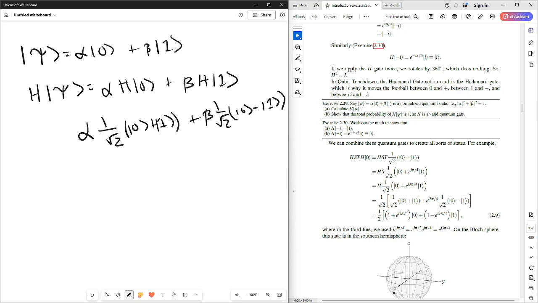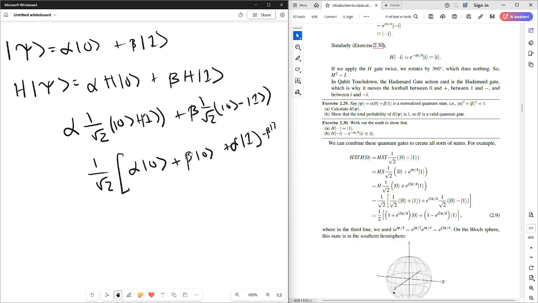Let's pull out 1 over square root of 2 and combine like terms. So alpha 0 plus beta 0 plus alpha state 1 minus beta state 1.